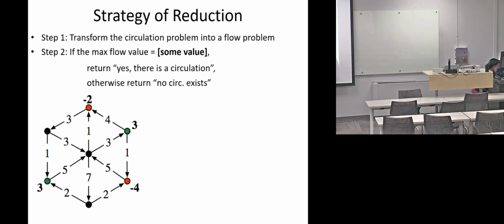I'm just going to look at the negative nodes and positive nodes. The negative node is a supply, it acts like a source, and the positive one acts like a sink. It wants to receive flow.